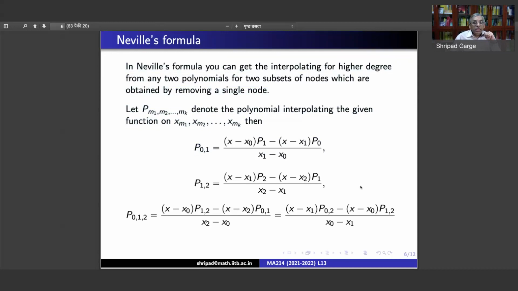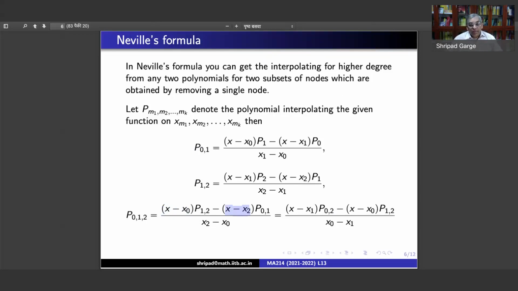p012 is given by p12 and then you have x minus x0 here, and p01 and you have x minus x2 here. And of course you should have x2 minus x0 in the denominator because you have the bracket x minus x0 minus x minus x2. So that gives you that it is indeed x2 minus x0.